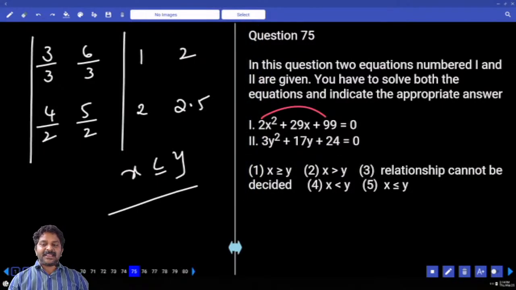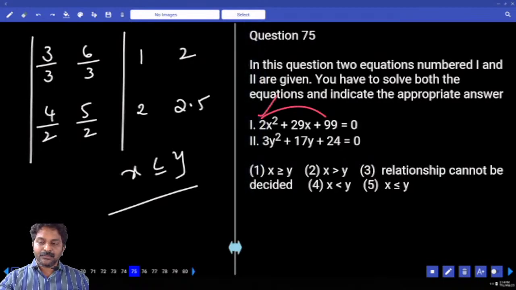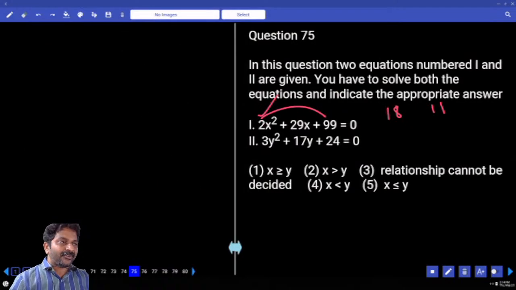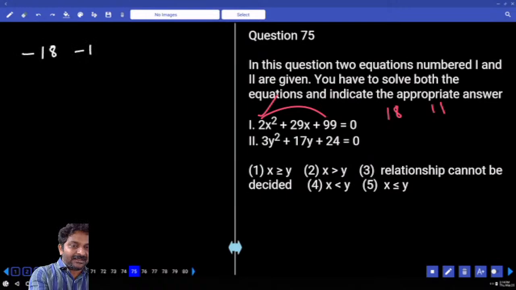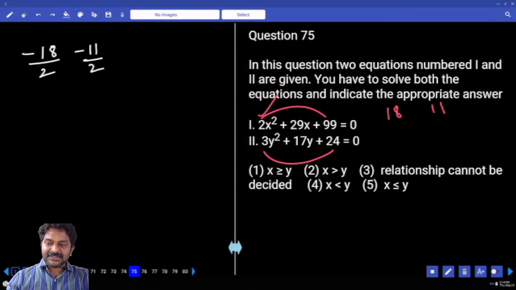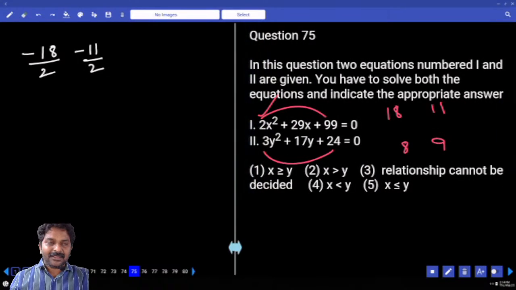99 can be written as 9 times 11. 9 into 2, 18, and then 11. 18, 11 sum 29. Satisfied? Factors are minus 18, minus 11 divided by 2. 3 into 24, 72, 8 into 9 only.